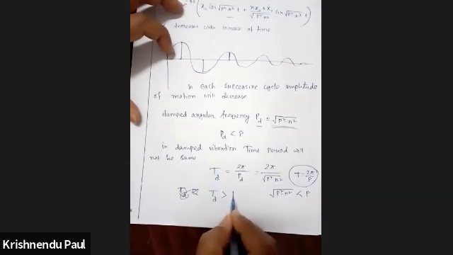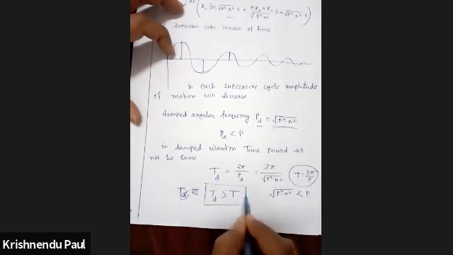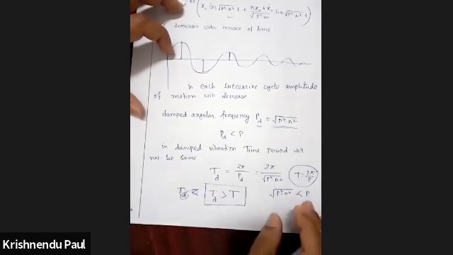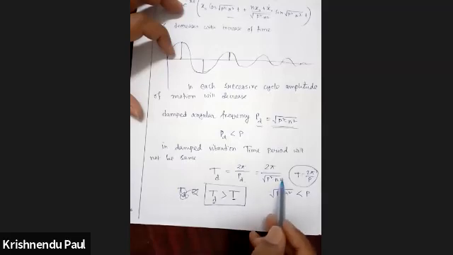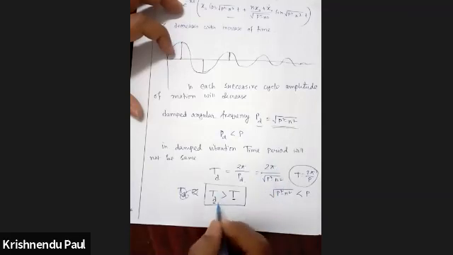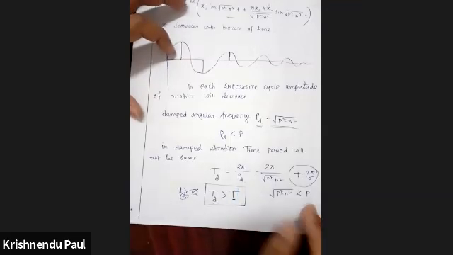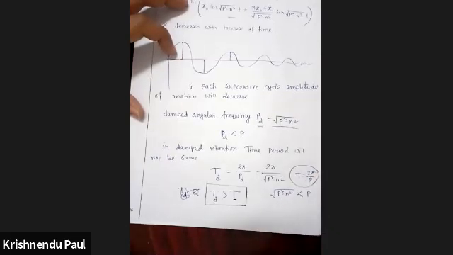TD is more in comparison to the normal time period of free undamped vibration. This time period is for free undamped vibration, and this is for damped vibration. So as root under p square minus n square is less than p, the total will be greater. So TD is greater than T. The time period will increase, so each cycle takes more time than the free undamped vibration.